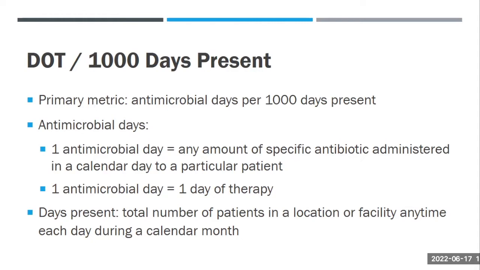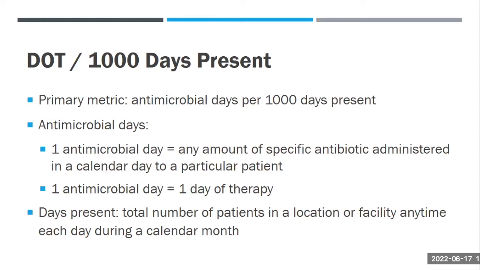The other thing to keep in mind is that it's a specific antimicrobial definition. For vancomycin, for example, if the patient received a dose of vancomycin in a day, that counts as an antimicrobial day. Now, you can pool antimicrobials together to have a total antimicrobial days of therapy per 1,000 days present.